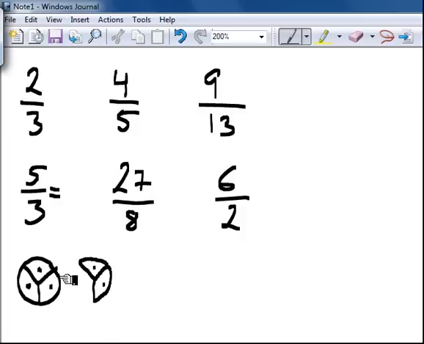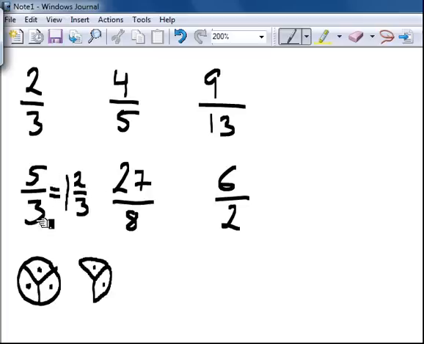5/3. Okay, so to write this as a mixed number, we're gonna count the number of pizzas, the whole pizzas, and we have 1. We're gonna write it like this, and then we have the fractions, 2/3 of a pizza. Okay, so 2/3.